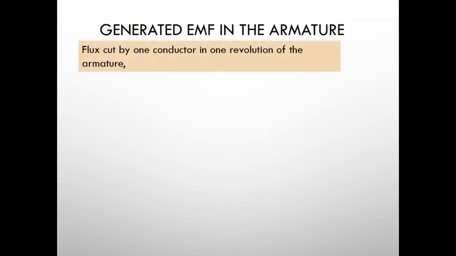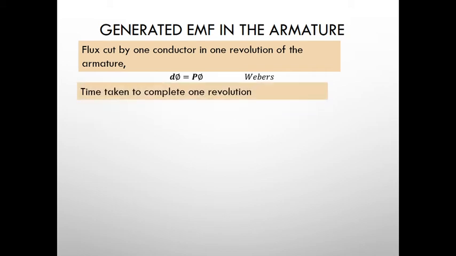Okay, generated EMF in the armature. So flux cut by one conductor in one revolution of the armature is this one. Changing man, no? So the flux is equal to number of poles times the flux, in Weber.